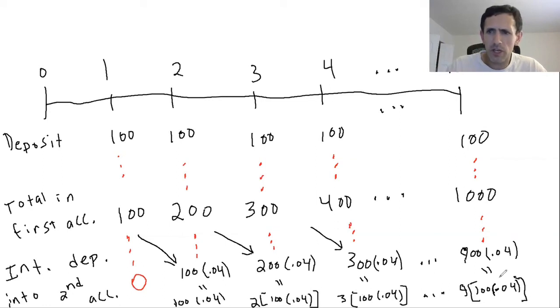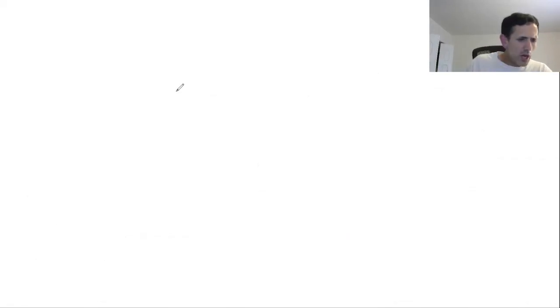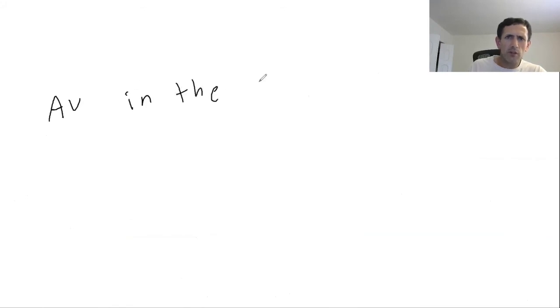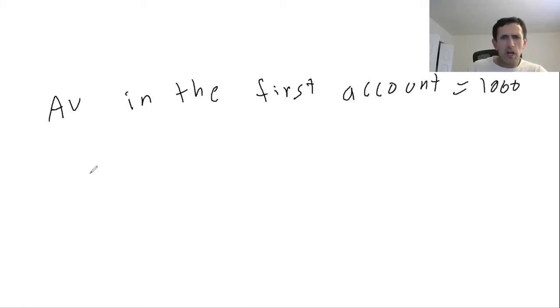Accumulated value in the first account, well, we already got that. That's just 1,000, not very interesting. Let's see what you got from putting all the interest into the second account. It's not nothing. It's a decent chunk of change.